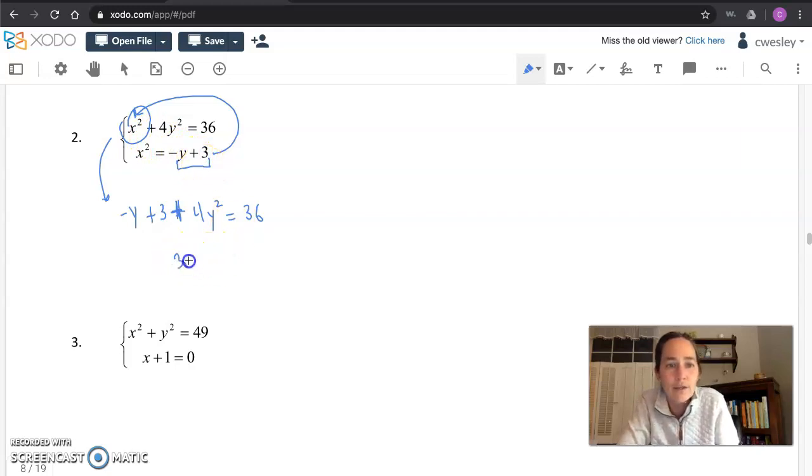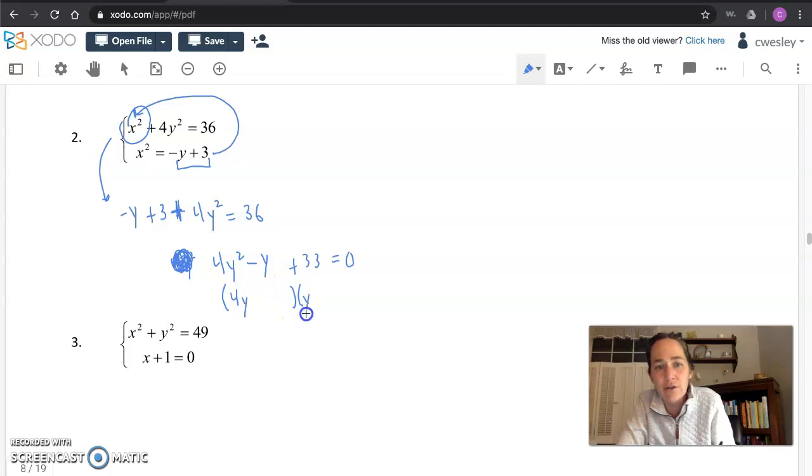So you get 3y squared, not 3y squared, I'm sorry, combining like terms we don't have. So 4y squared minus y, and then I'll bring the 36 over and just say plus 33 equals 0. Feel free to use the regular quadratic formula here. This is a quadratic. It actually will factor as well.